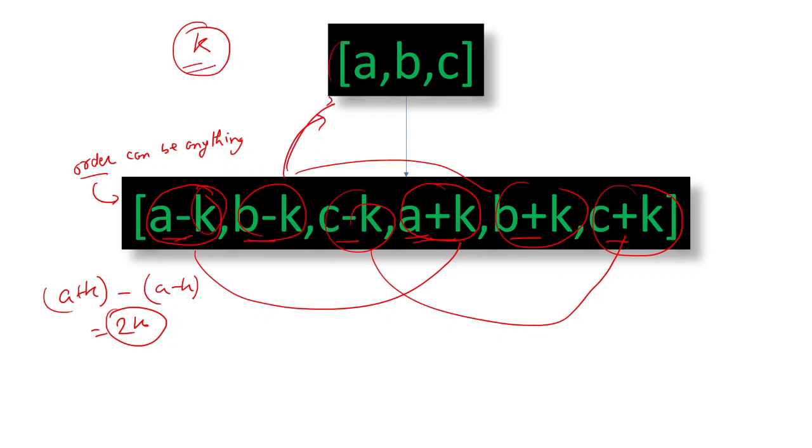For finding out the difference k, we can pick up any element of the array, be it b minus k or a minus k, and subtract this particular value from all the other elements.